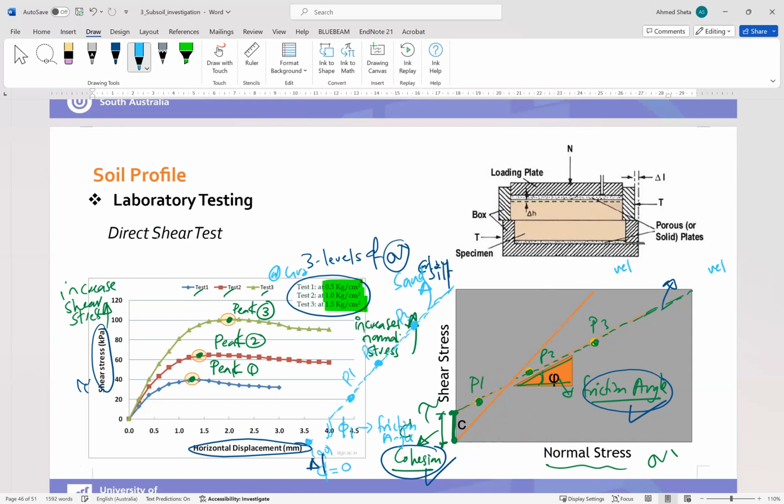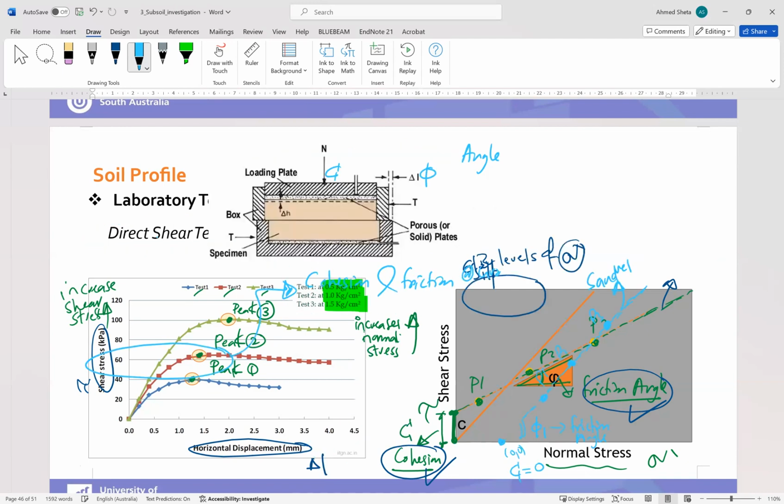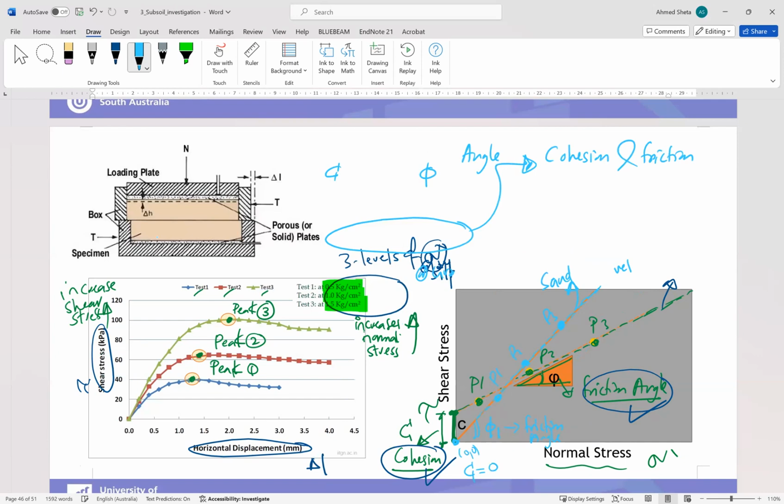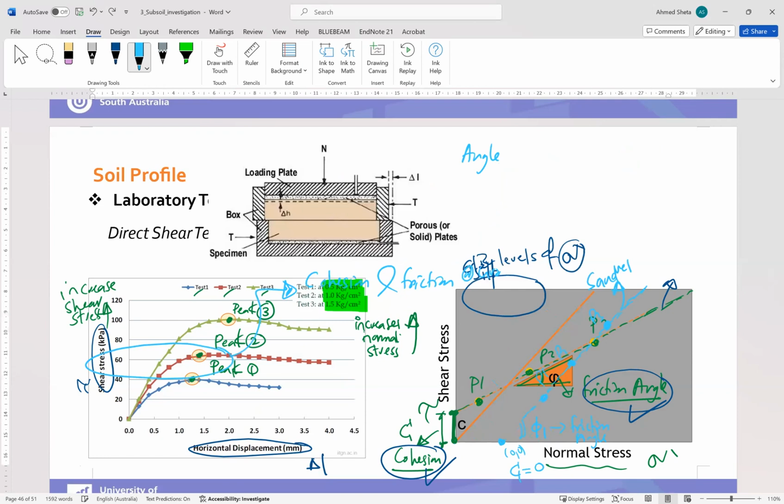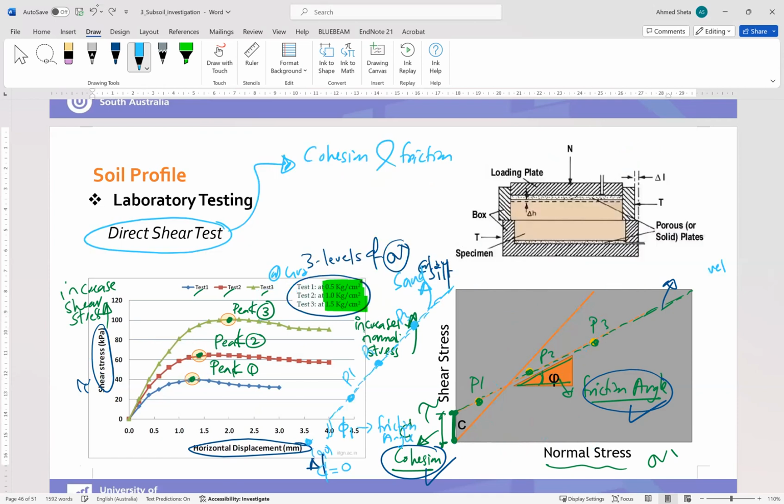Okay, so this test, the direct shear test, is very important to find the cohesion and friction angle of soil, C and phi, for clay and silt soil.